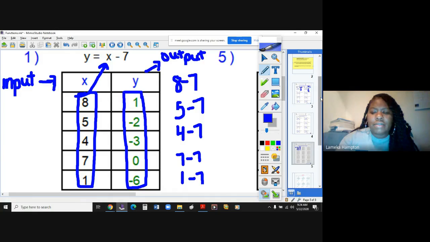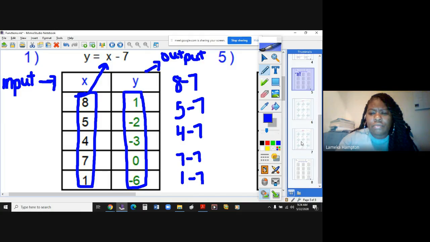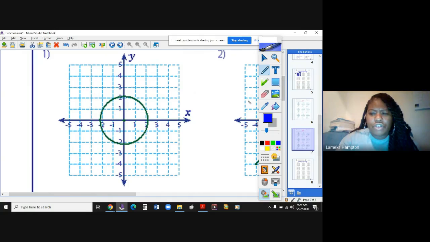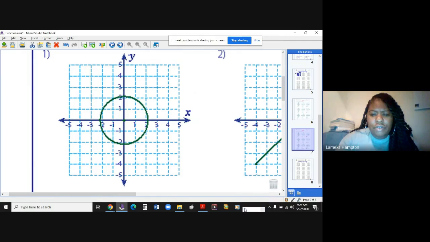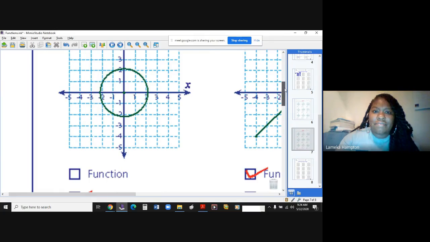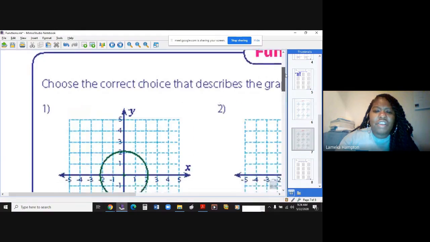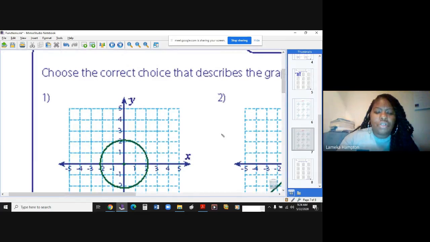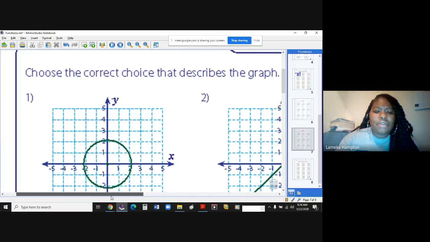Last but not least, I'm going to scroll down here. Graphs. Okay. So it says choose the correct choice that describes the graph.